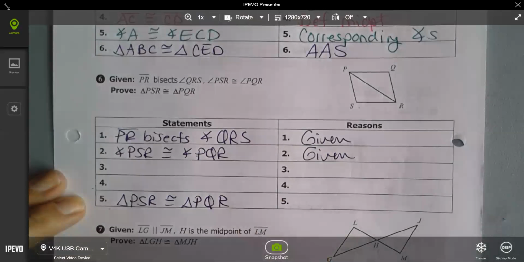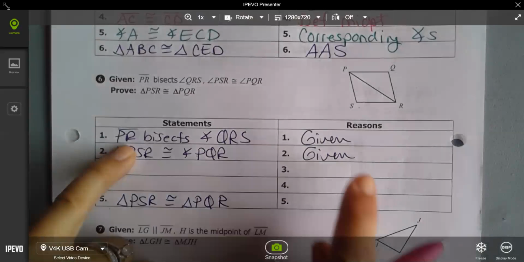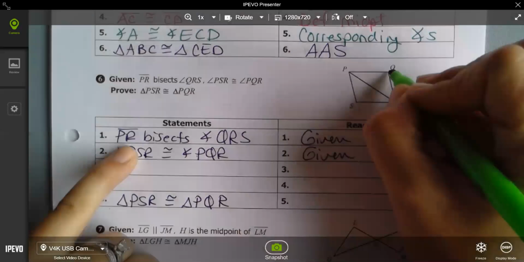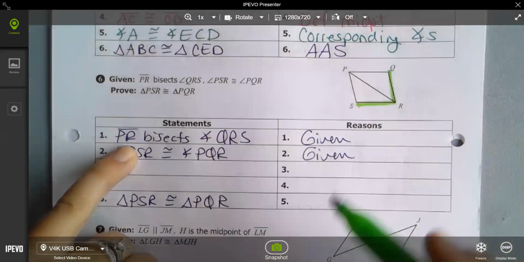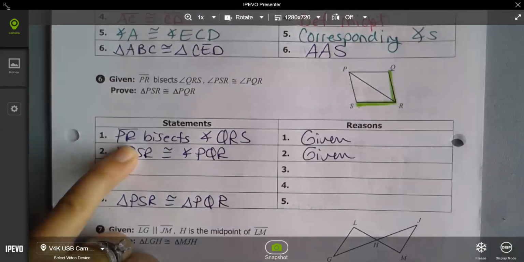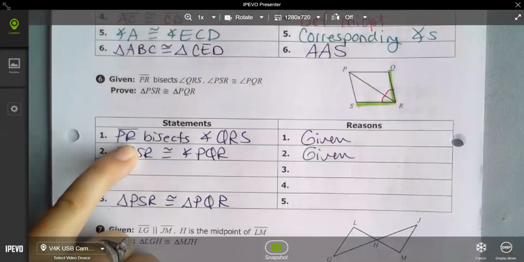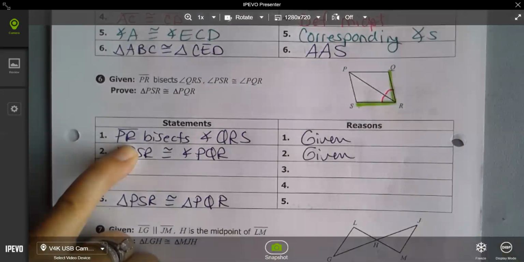All right, go to your diagram and label. It says that PR is bisecting angle QRS. Bisecting means cut it into half, cut it into two equal pieces, which means that this angle and this angle are now equal to each other.